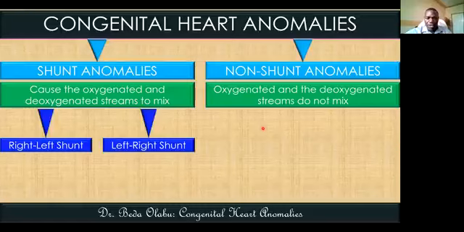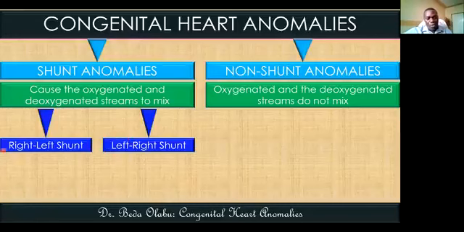Deoxygenated. Very good. The right chambers of the heart contain deoxygenated stream of blood. So we use the term right to mean deoxygenated stream of blood. We use the term left to mean the oxygenated stream of blood.